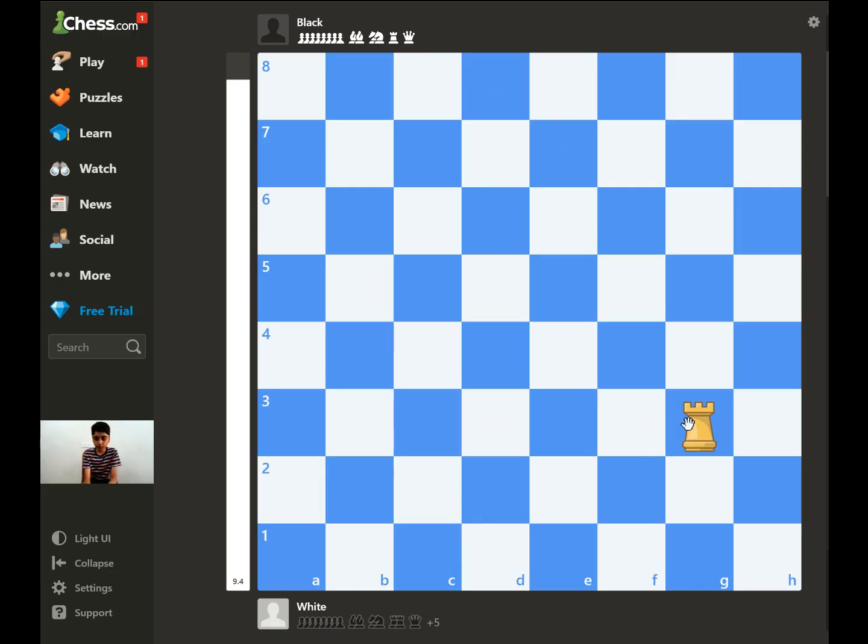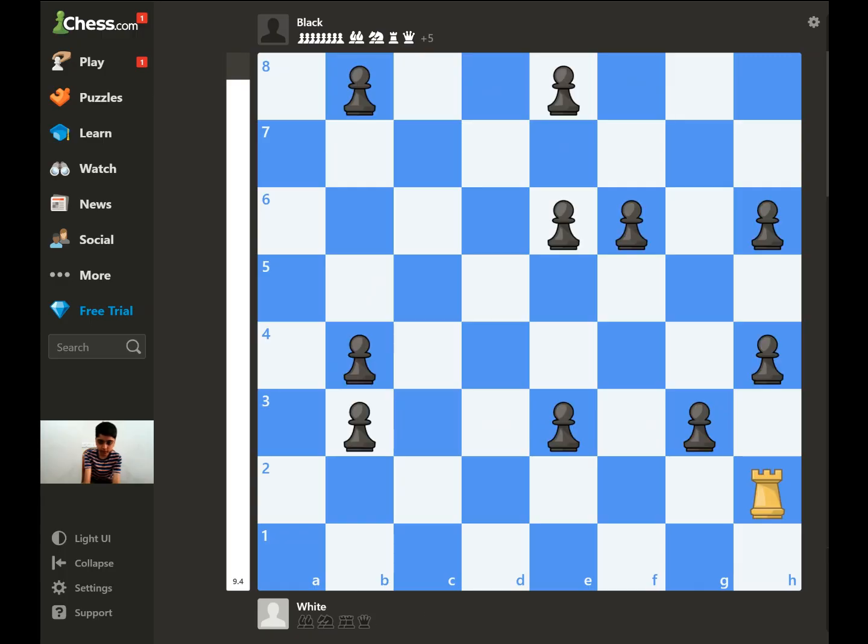Okay, did you realize something? In this specific position, there are actually more pawns than there should be in a typical chess game. Let's count together. One, two, three, 4, 5, 6, 7, 8, 9.